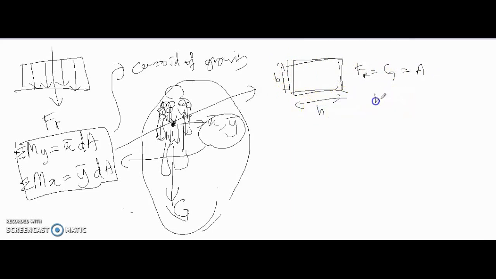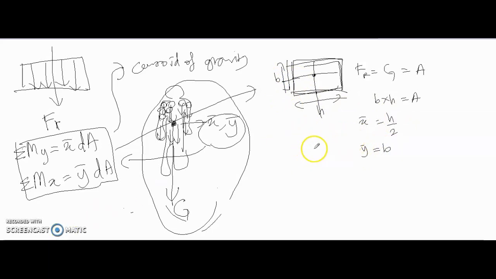So simply bh is the area, and the center is simply at the center of the object, which is x bar equal to half of h, and y bar is half of b. This is a simple example.